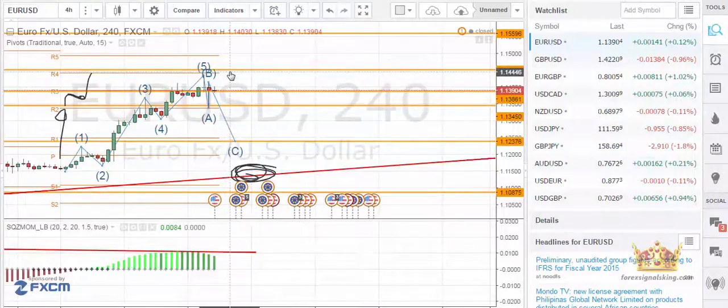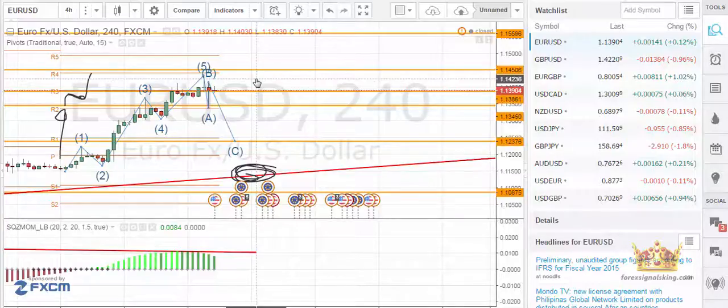Do not enter right now, because this area at the end of this upward trend is somehow an indecisive area. The bullish and bearish traders right now are in indecision.